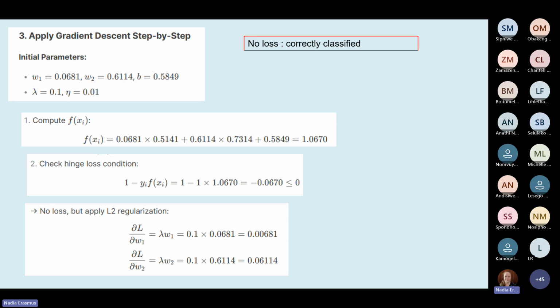But luckily you don't have to completely know that out of your head, because we have the partial derivative of the loss function over the partial derivative of the weight. We're just going to rewrite it as the lambda of the weight 1. So lambda, you're given as 0.1 times the weight.